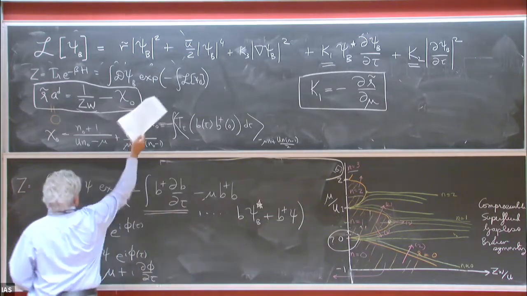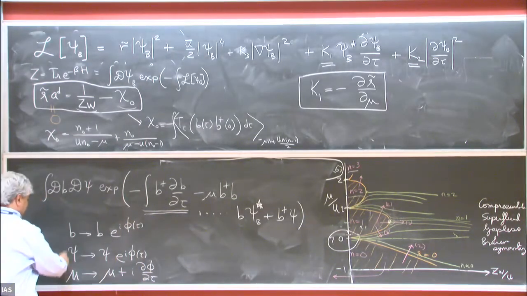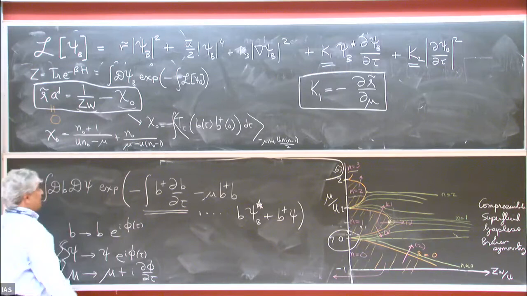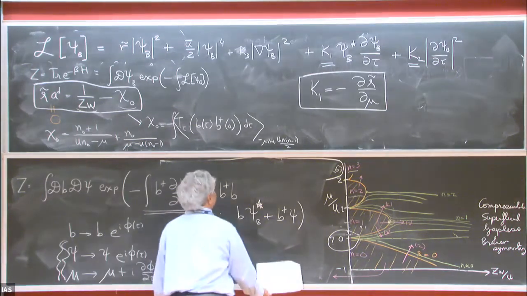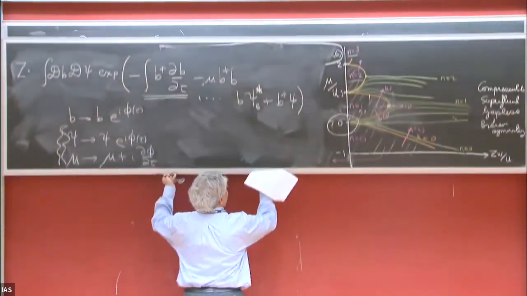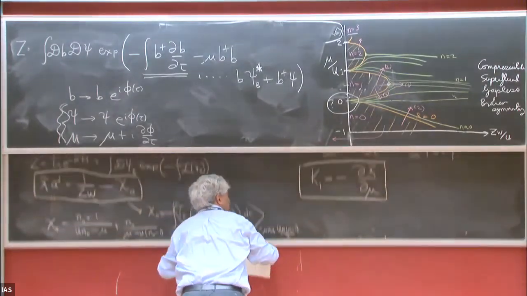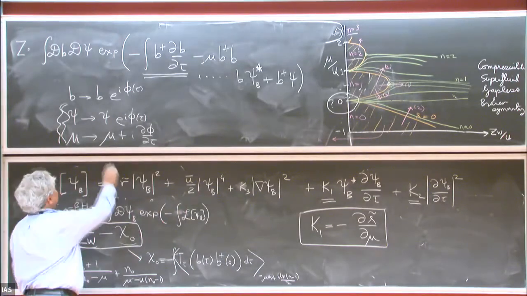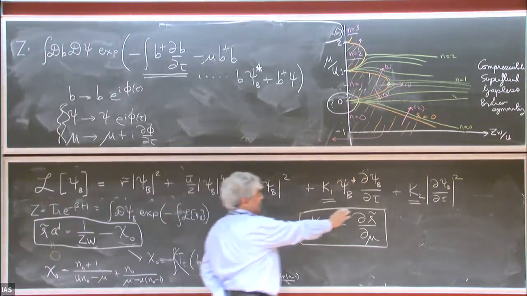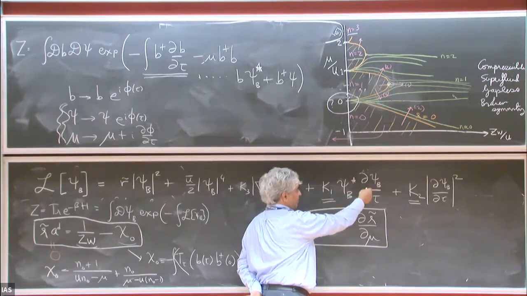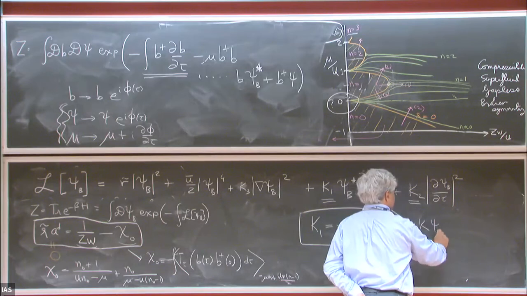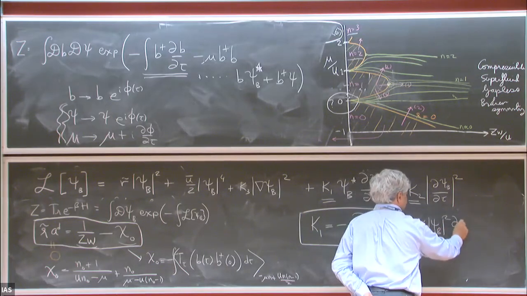And for that Lagrangian over there, I can forget about B. I only have to look at this invariance and only look at it to second order. So if I perform this transformation on this Lagrangian up here, and I assume psi is small, so I'm going to go to second order, then under this transformation this thing is not invariant. This has a change of order size. So this thing will have a shift, which will be k psi B squared d phi d tau.